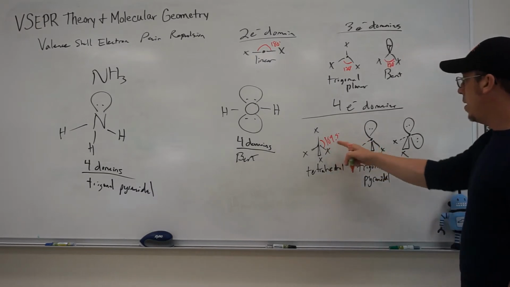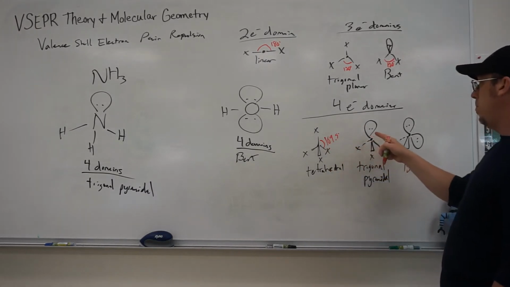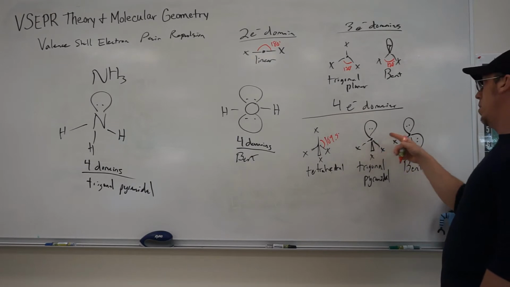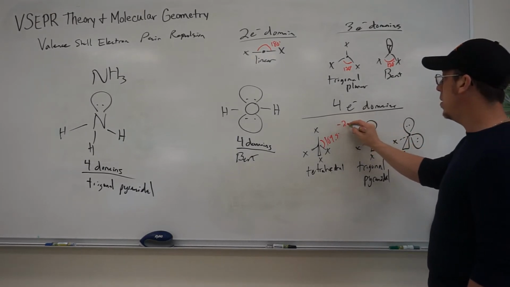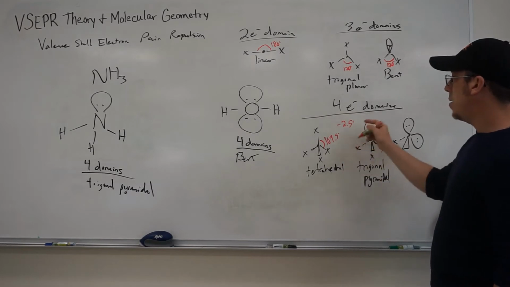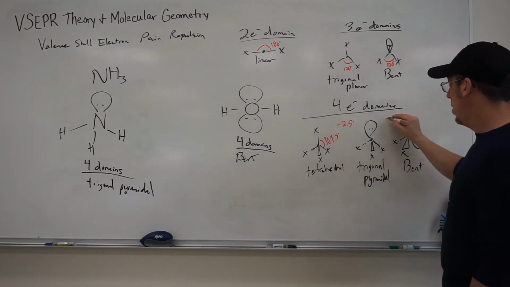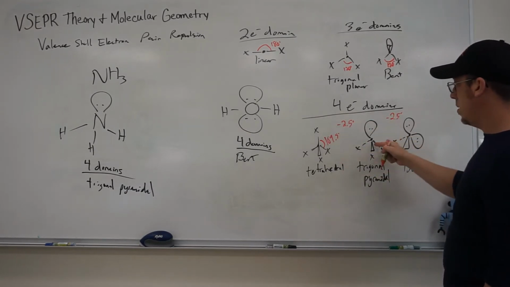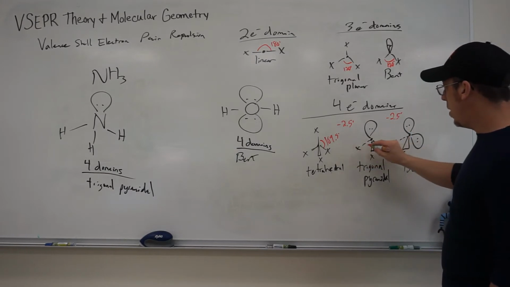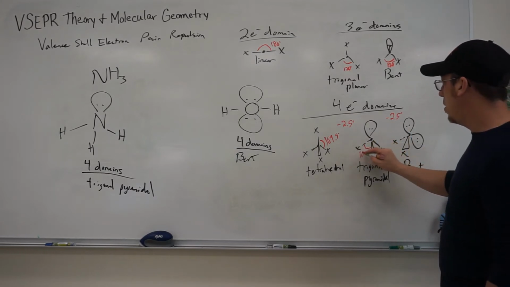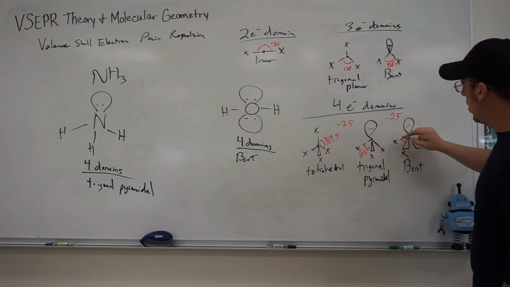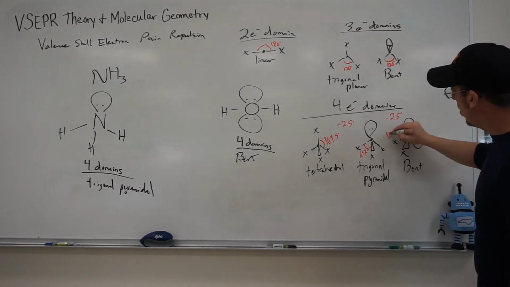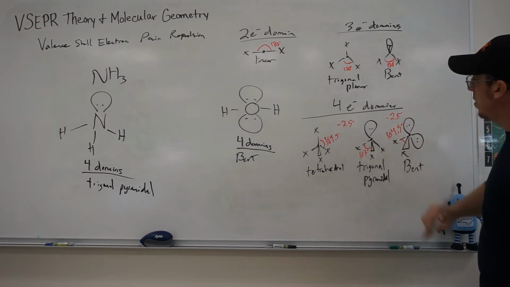Now if you pay attention here, what happens to the number of lone pairs as you go to the right one? You start to increase the lone pairs. Every time you increase a lone pair, you're going to subtract 2.5 degrees. So this one, the bond angle would be 107 degrees. And then the bond angle here would be 104.5 degrees.